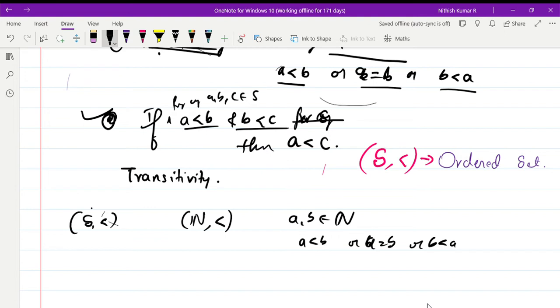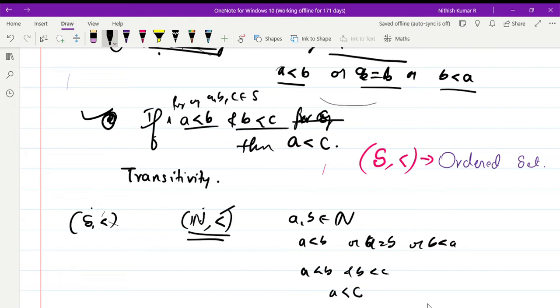The second condition, transitivity, says whenever a is less than b and b is less than c, a is always less than c. So with these two properties, less than is an order on N, and hence N, less than is an ordered set.